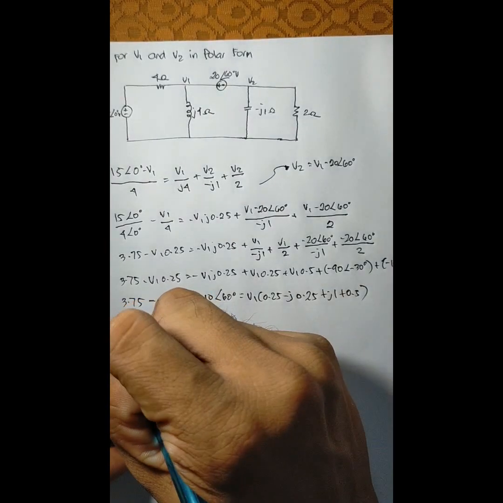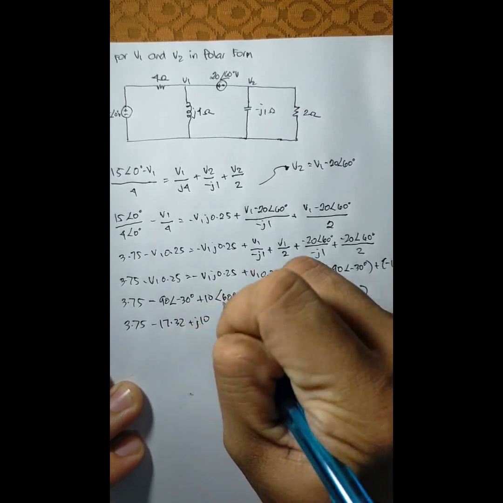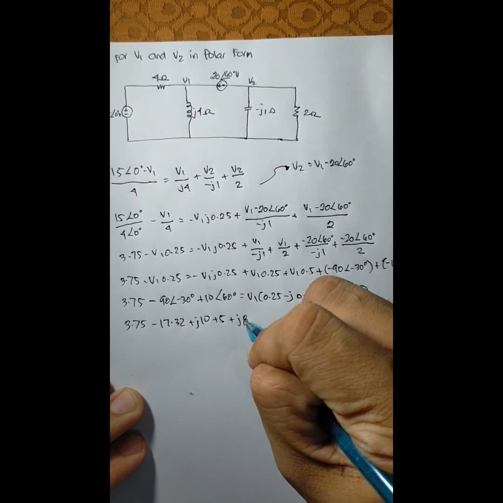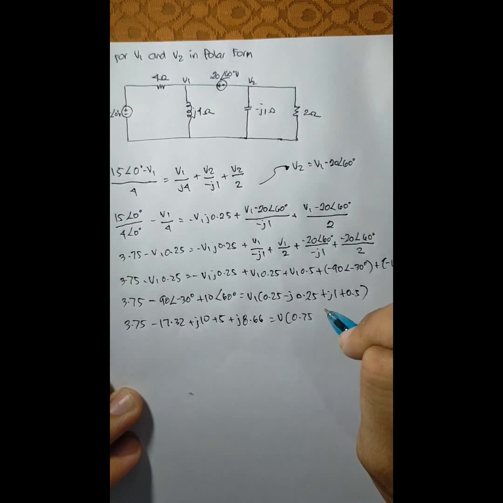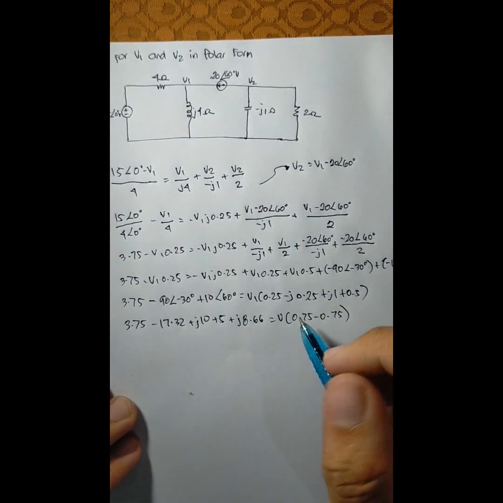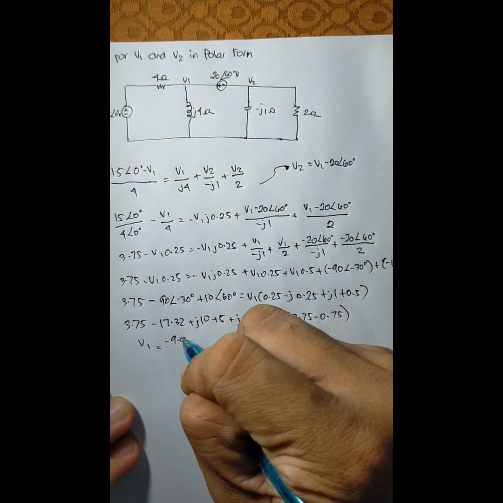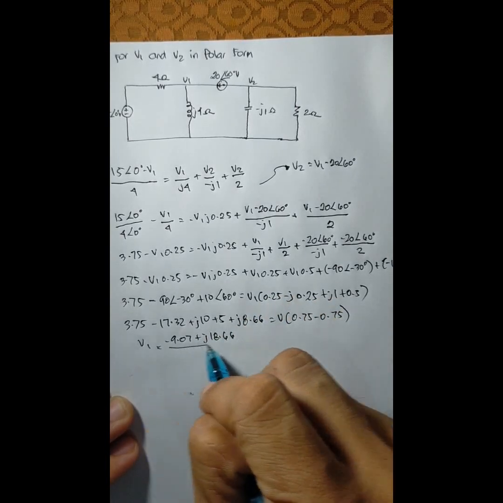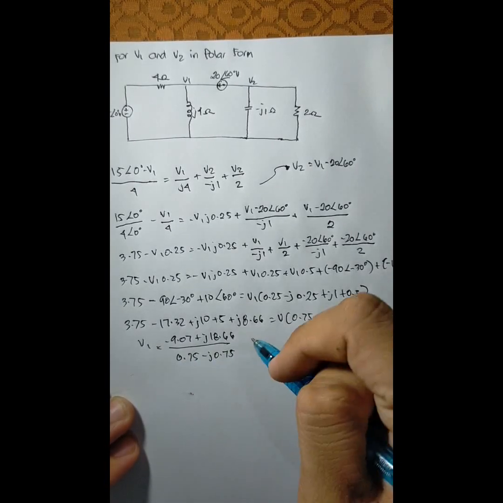Okay, so we write this as 3.75 minus 17.32 plus j10 plus 5 plus j8.66 equals V1 times 0.75 and 0.75. So our V1 is equal to negative 9.07 plus j18.66 over 0.75 minus j0.75.